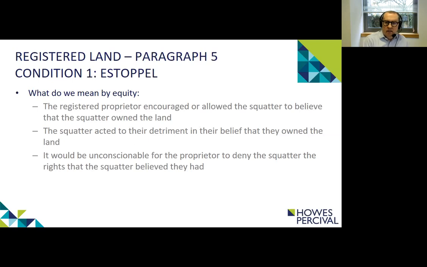They acted to their detriment in the belief that they owned the land, and it would be unconscionable for the squatter to have to take down their extension.